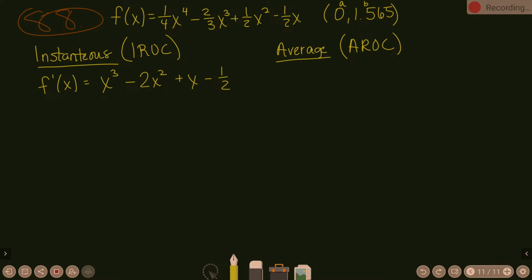And so if you think of these as your A and B values, essentially to do our average rate of change, f of B minus f of A over B minus A. So in this case, we're going to do f of 1.565 minus f of 0 over 1.565 minus 0. And essentially it's asking when are these two equal.